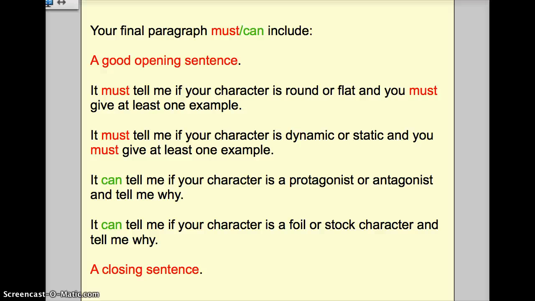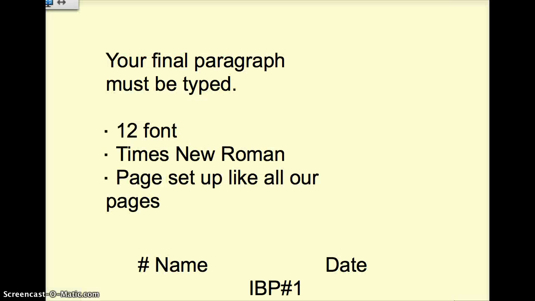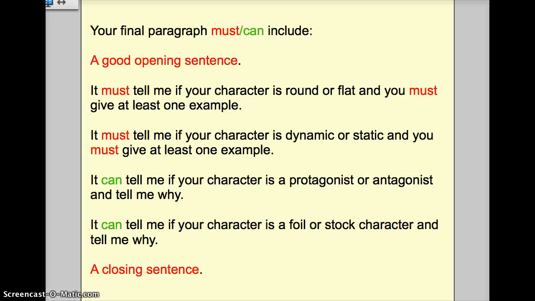It must tell me if your character is dynamic or static, and you must give me one example for that. It can tell me if your character is a protagonist or antagonist, and you can give me an example. And it can tell me if your character is a foil or stock character, and you can tell me why. Your paragraph, of course, must contain a closing sentence.